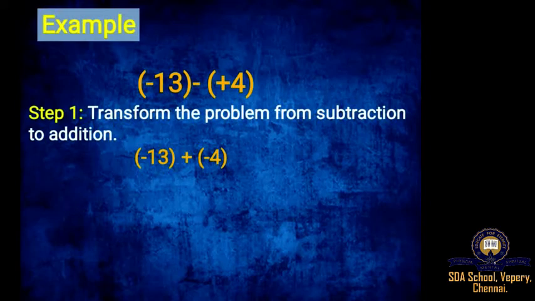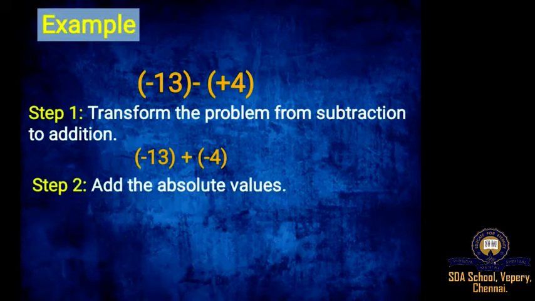Now we have to just continue as we do for addition of two integers. So we have to find the absolute value and add the absolute values. The absolute value of minus 13 is 13 and the absolute value of minus 4 is 4. So it is 13 plus 4 which is equal to 17.